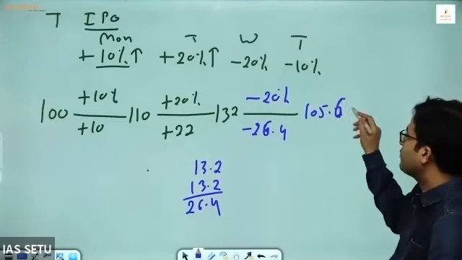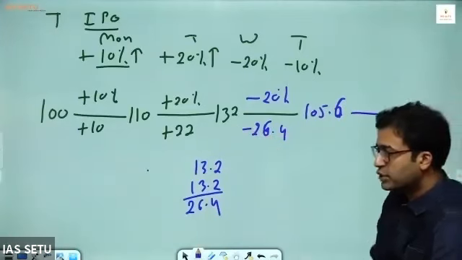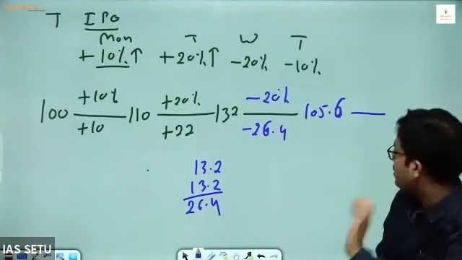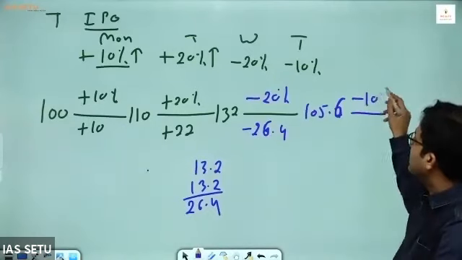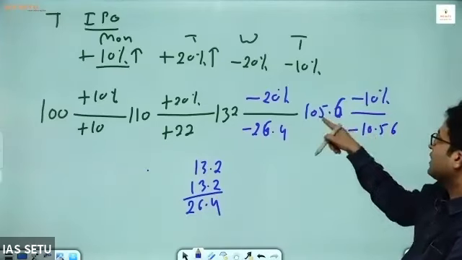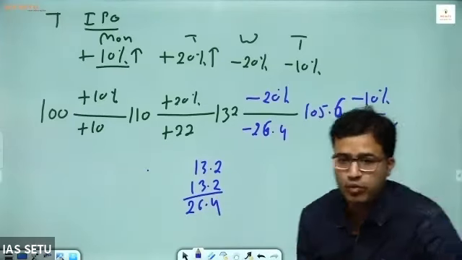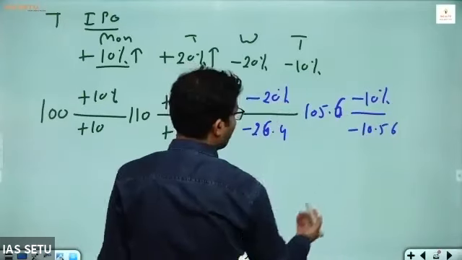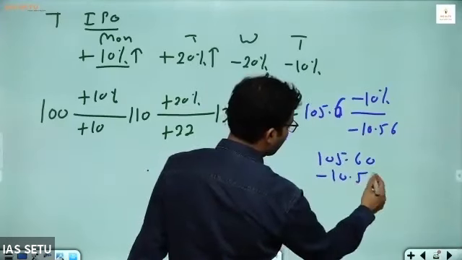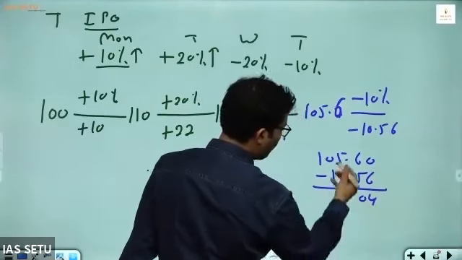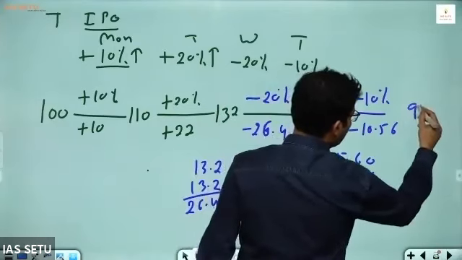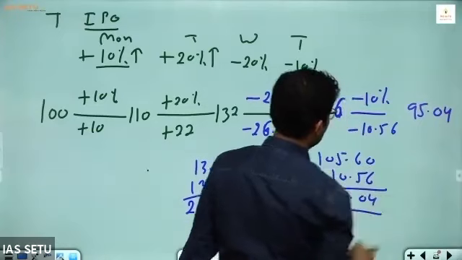Sorry, 105.6, you subtract this from 132. Next, there is a further 10% reduction, which is 10.56. 10% of 105.6 is 10.56. So here our answer is 105.60 minus 10.56. This is 95.04.